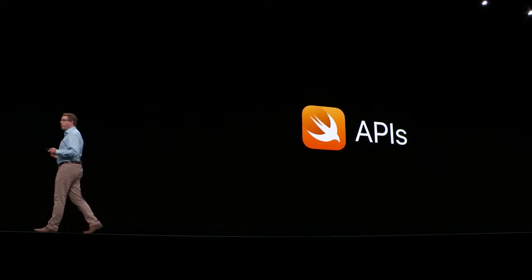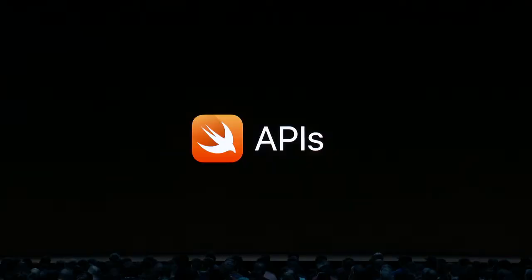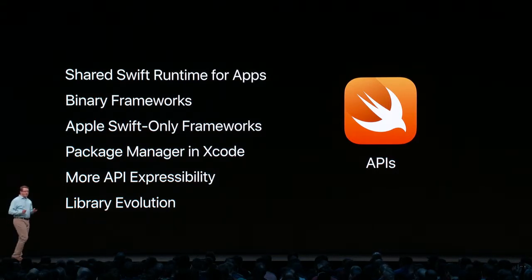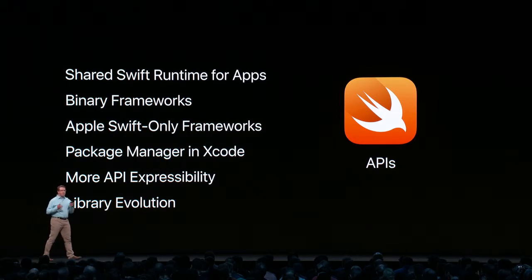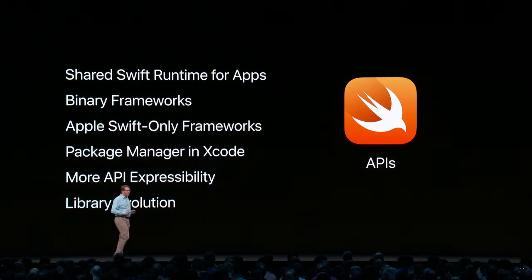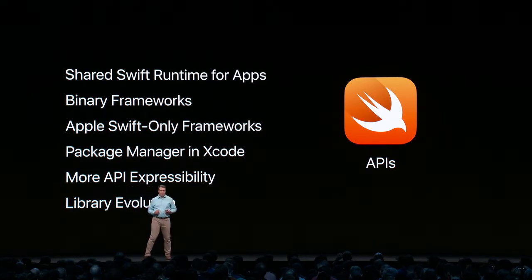And that comes in the form of a really powerhouse story with Swift and APIs. With a shared Swift runtime for third-party apps now shipped in Apple's operating system, and binary frameworks written in Swift that can now be deployed, we see the appearance of marquee Swift-only frameworks from Apple.